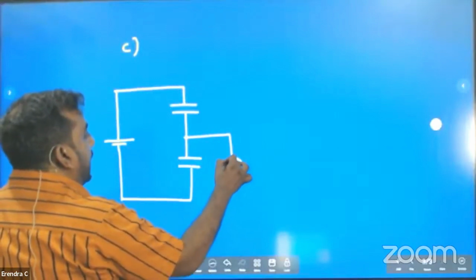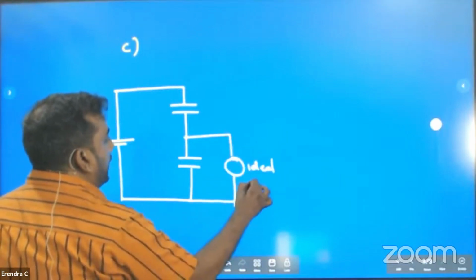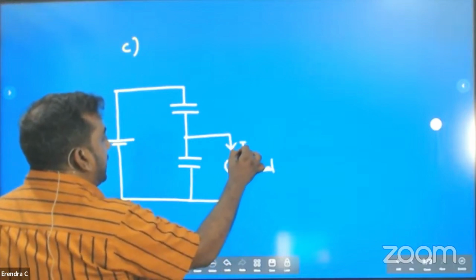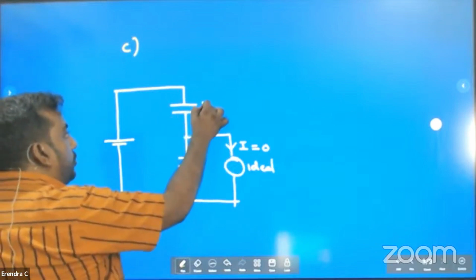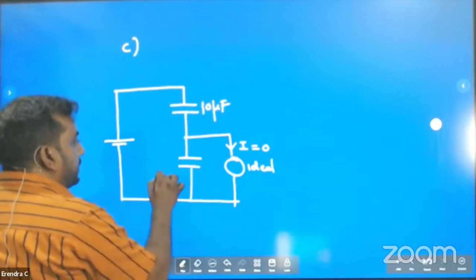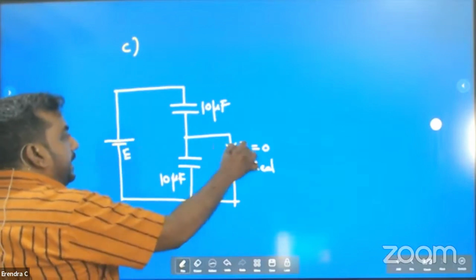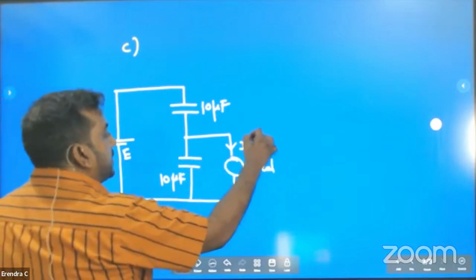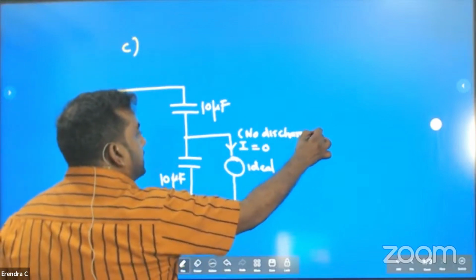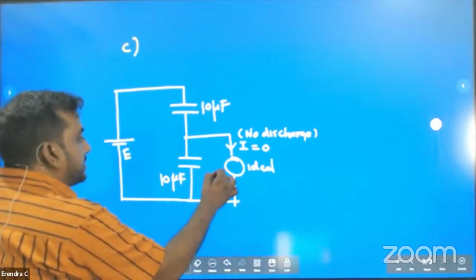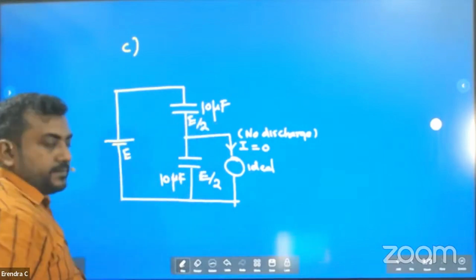If I connect the ideal voltmeter, ideal means infinite resistance, that current is going to go through, or the charge is going to go through straight, just like in circuit number 1. Here current is 0, which means no discharge. No discharge means what? Voltage reading? E divided by 2. Here E divided by 2.